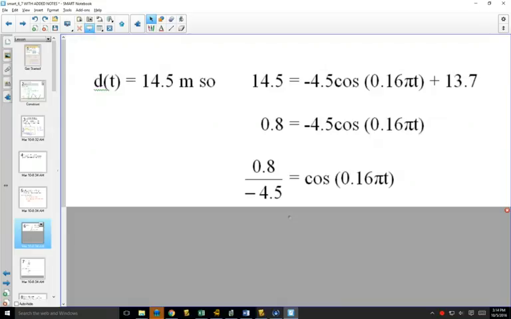Now, at this point, you might be thinking, this looks complicated because I've got extra stuff inside of cos. How am I used to solving cos equations? Teachers always give us such nice numbers like negative 1/3 instead of 0.8 over negative 4.5. And they give us theta instead of a whole bunch of other stuff.